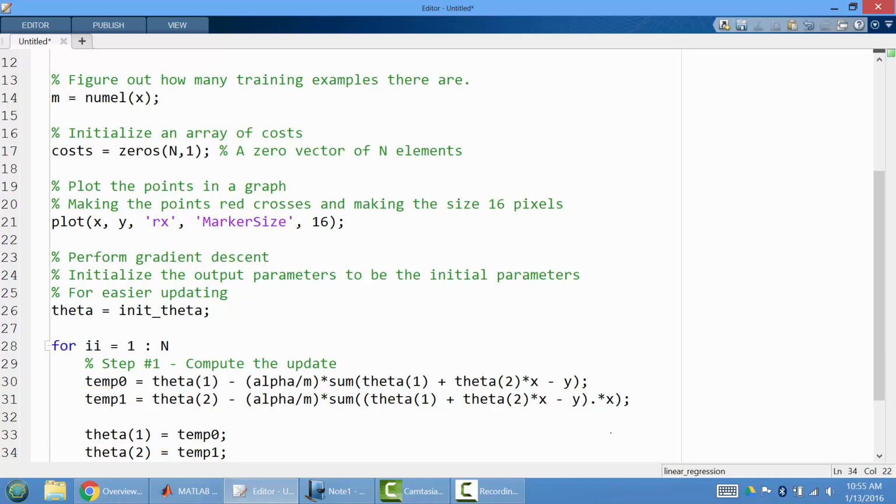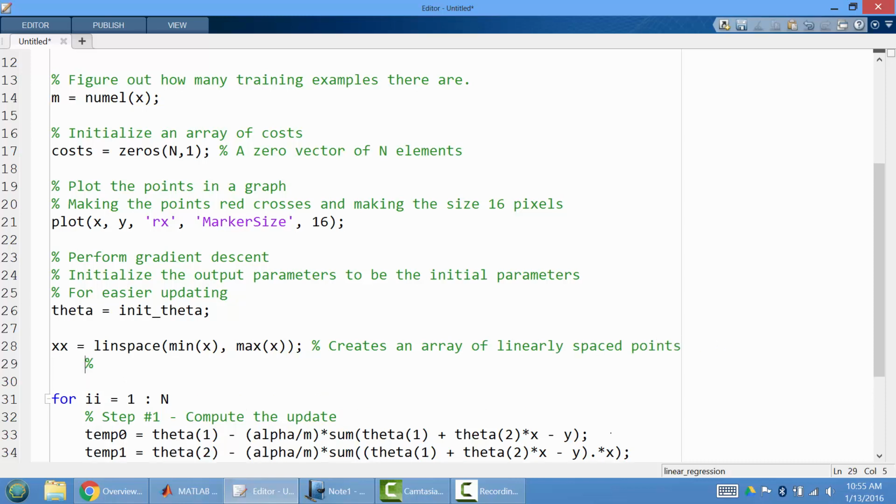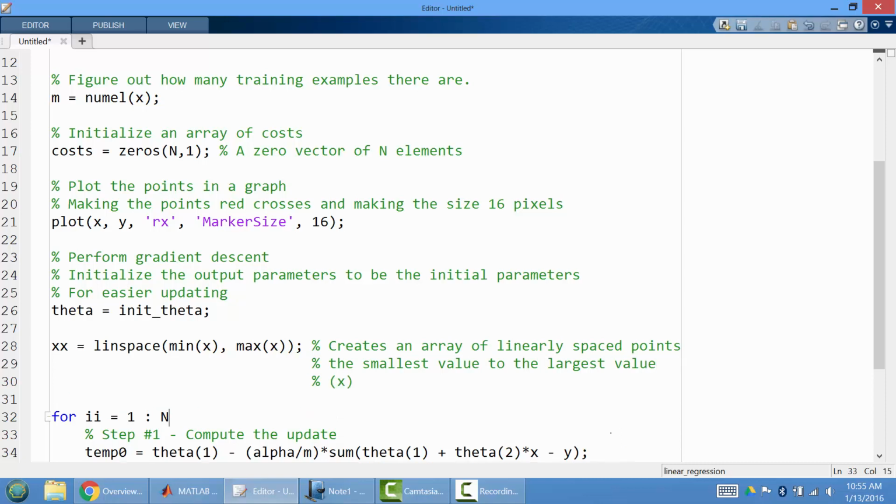And then what I want to do here is plot the line as we go. What this does is create an array of linearly spaced points from the smallest value to the largest value for x.